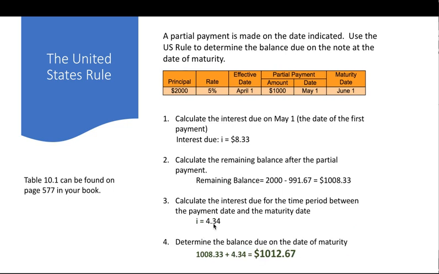So I'm going to add that to my outstanding balance, and what I owe the bank on the date of maturity. The balance due is $1,012.67. Okay, that's it. Good luck with these problems.